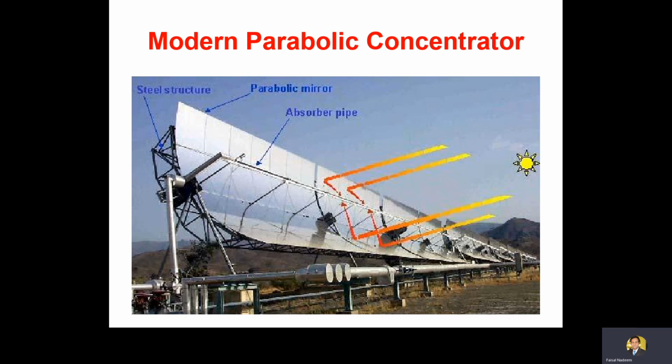But this high efficiency of the parabolic trough collector requires the 3D tracking as well. So this methodology is efficient. It produces a good amount of heat and the amount of energy produced is very high, but it requires 3D tracking, which increases the cost of the system.